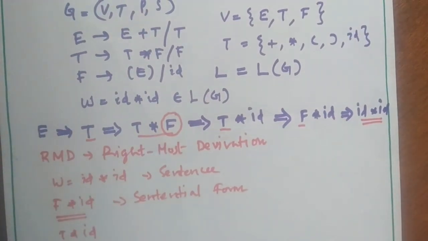And why do we call it a sentential form? Because a sentential form is a string consisting of both terminal symbols as well as non-terminal symbols. But a sentence consists of only symbols from the terminal set.